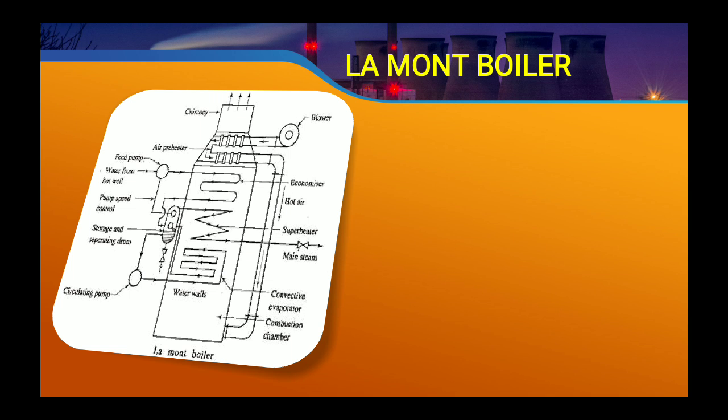So here you can see the diagram of a Lemmon boiler. The various parts of Lemmon's boiler are chimney, air preheater, feed pump, speed control, storage and separating drum, circulating pump, combustion chamber, convective evaporator, superheater, economizer and blower.